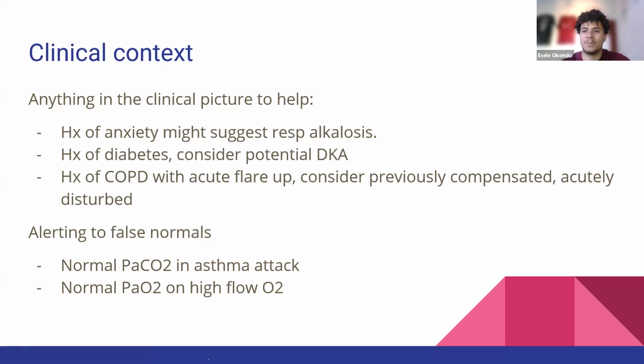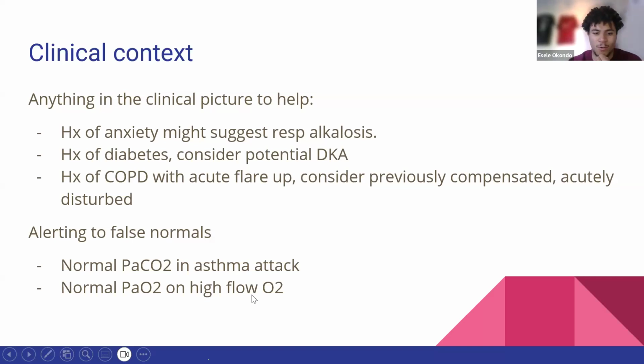So you can have a compensated respiratory acidosis, but currently have an acute flare up, which makes things decompensated again. Therefore, those patients have less of an ability to compensate, given that their compensatory mechanisms are already working long term, if that makes sense.